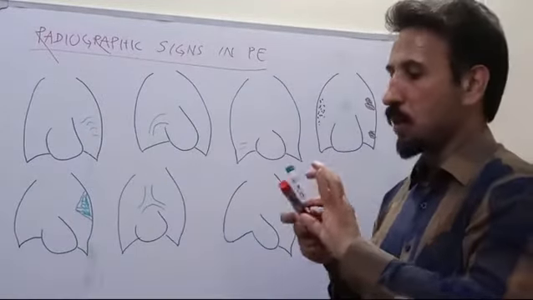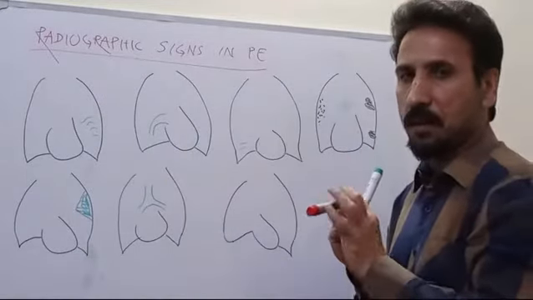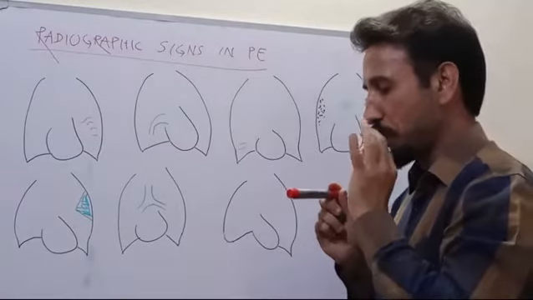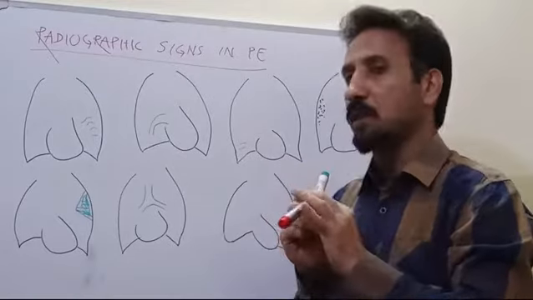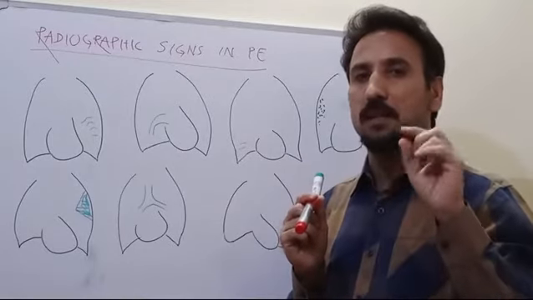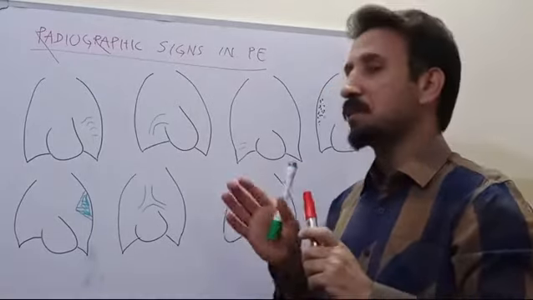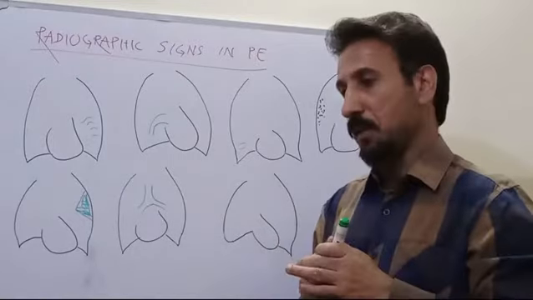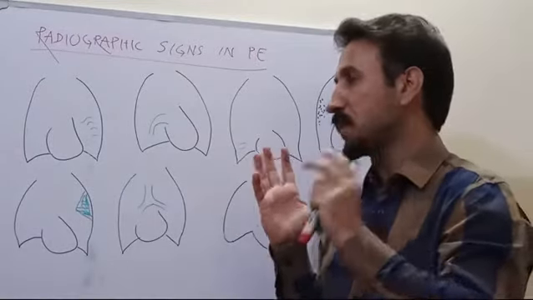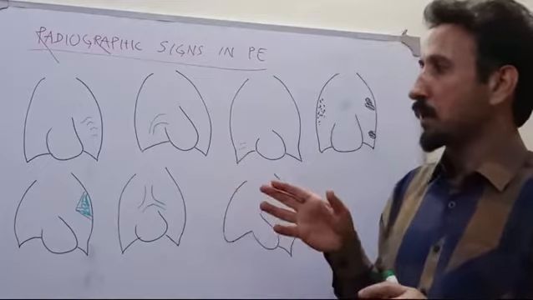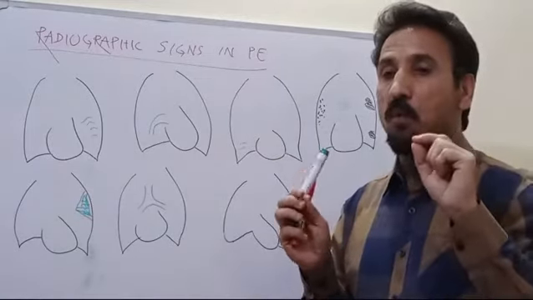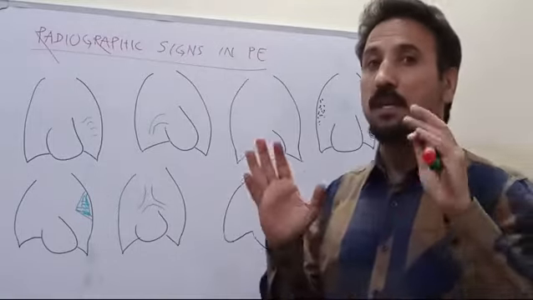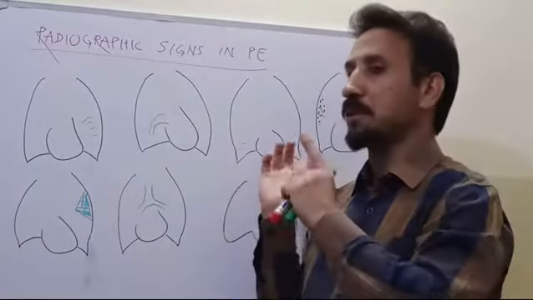If the vessel is blocked in a certain area, the blood flow to a particular part of the lung parenchyma is blocked, so that parenchyma receives insufficient blood. That part appears slightly blacker as compared to the comparable part on the opposite side.